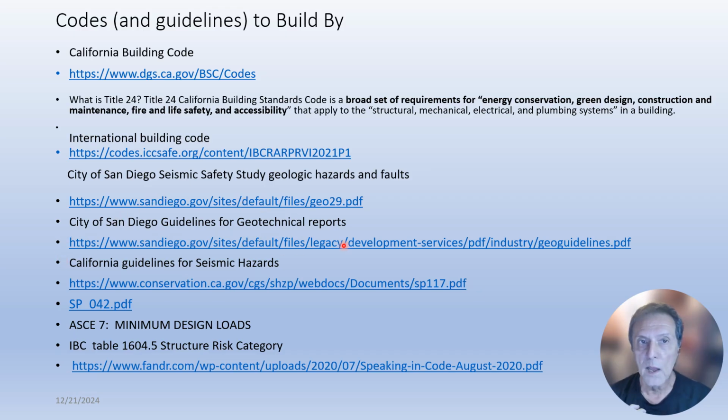City of San Diego guidelines for geotechnical reports, including fault investigation reports. The last one they issued was in 2018. State of California guidelines for seismic hazards. And then civil engineering guidelines for design loads, structure risk category in terms of risk by seismic events or earthquakes.